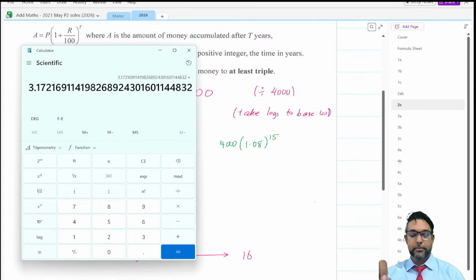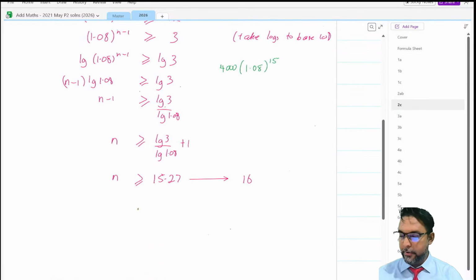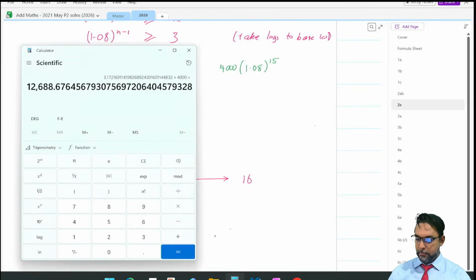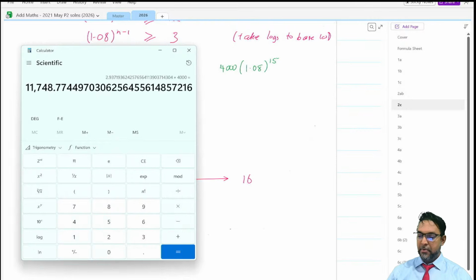The factors are already bigger. So 15 years, right? Because if you do 16, it goes to 13,000. Yeah, it's 15.